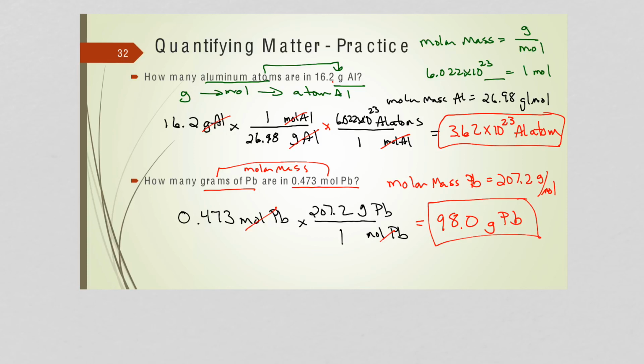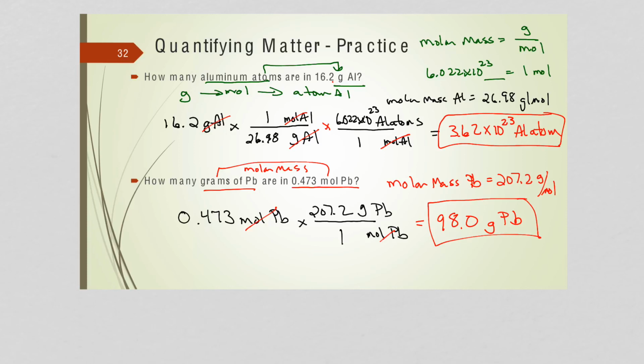Okay, so these are a couple practice problems. I would encourage you to do a lot more practice problems. The more we do of these, the better we'll get at these 2 special types of conversions, and we'll be doing these conversions a lot. The nice part about them is it's all the same. We understand that we need to use molar mass to go between grams and moles, and we need to use Avogadro's number to go between moles and individual items. Then that's all we need to know.